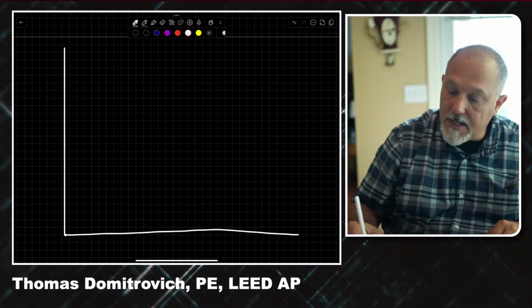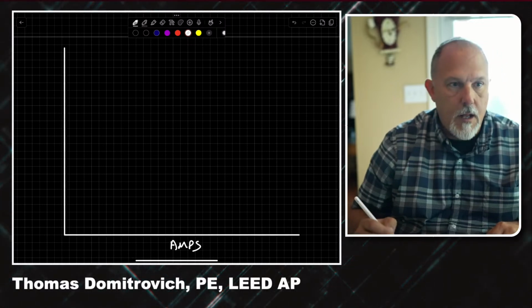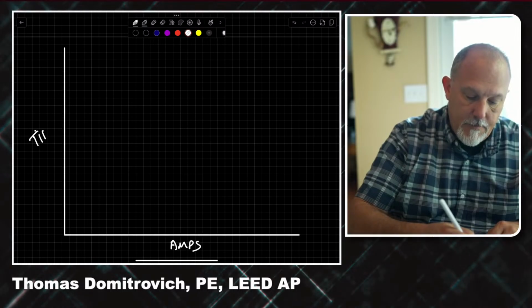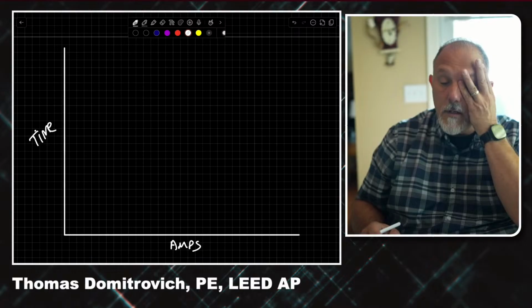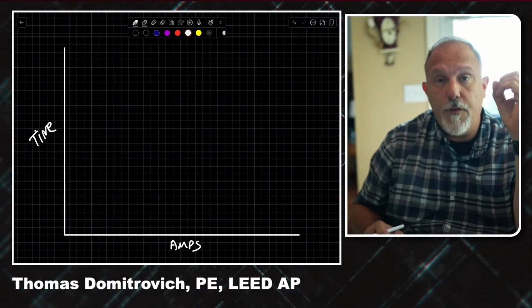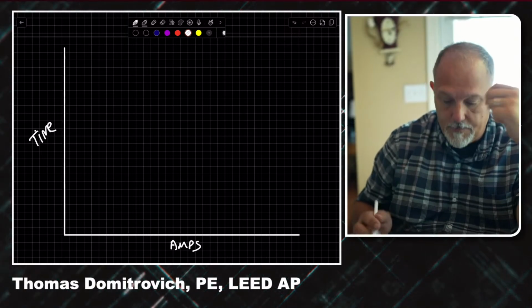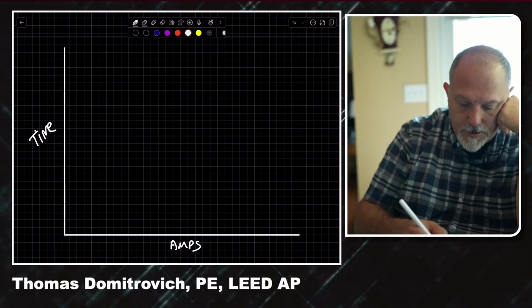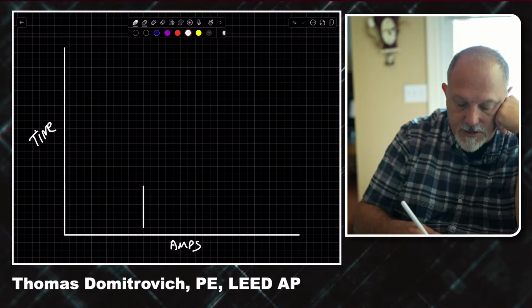If I go back to my time current characteristic curve, I have amps along the bottom and time along the side. Motors, when you first start them up, are going to have locked rotor amps. So typically on a motor, I'll have, say, this is my locked rotor amps.